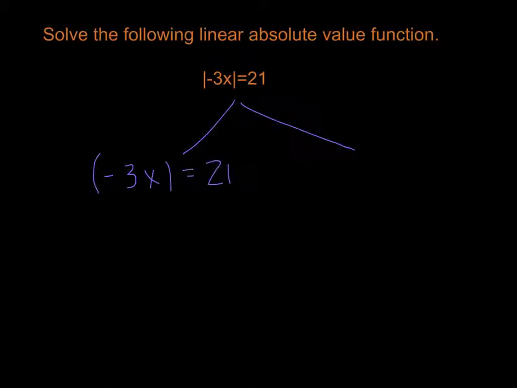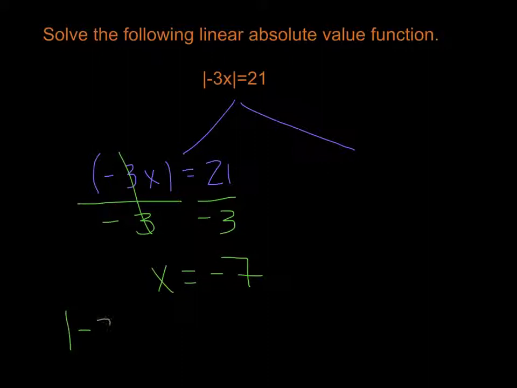So we're going to trade those absolute value bars in for parentheses. And if these were parentheses, we would simply divide both sides by the coefficient, and we would say that x equals negative 7. So if we test that, the absolute value of negative 3 times negative 7, we get the absolute value of negative 21, which is positive 21.